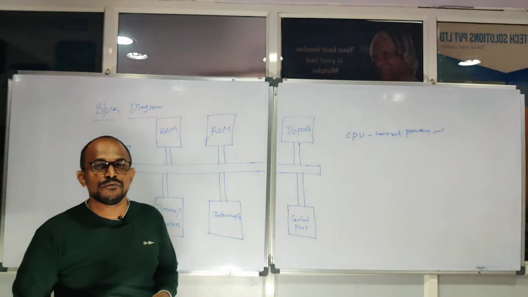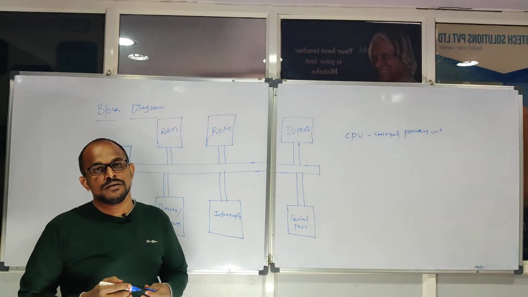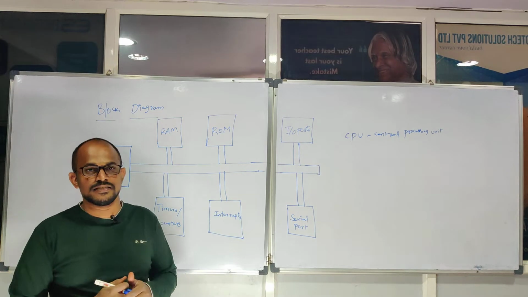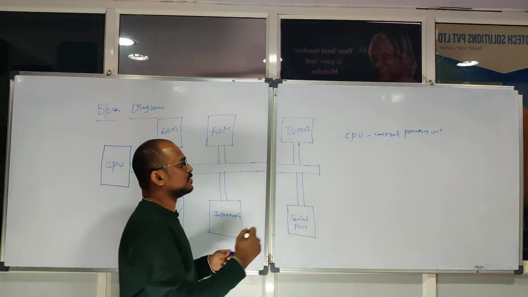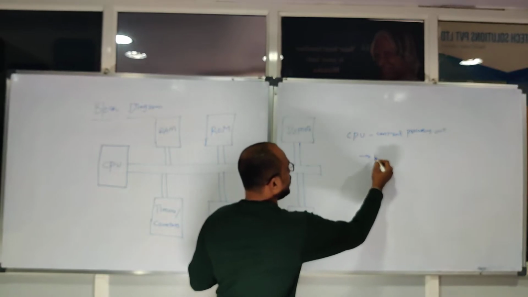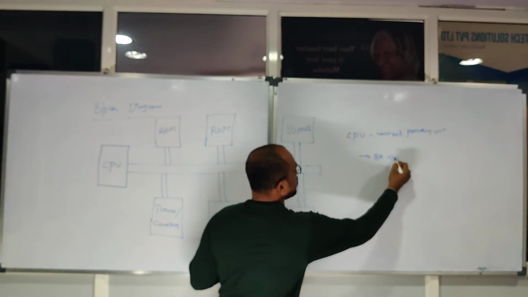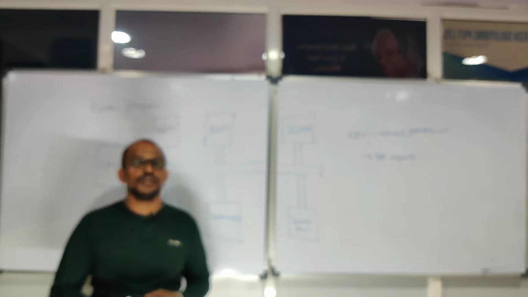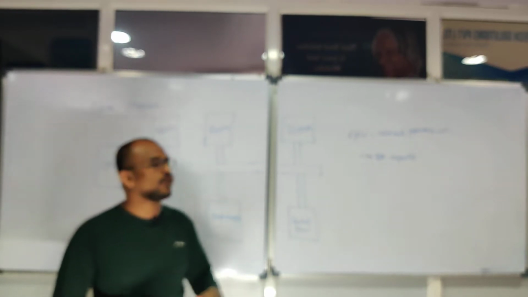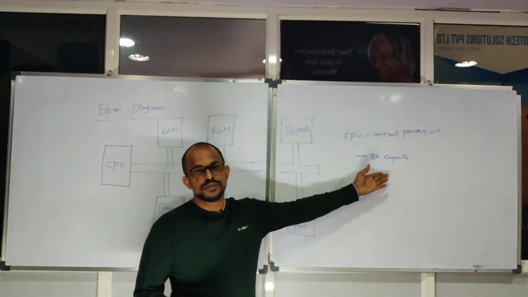Every controller is integrated with a processor compulsorily as a CPU, and a CPU has three important characteristics. The first and most important thing about a processor is bit capacity. Every processor has its own bit capacity, which means how many binary inputs it can process at a time.